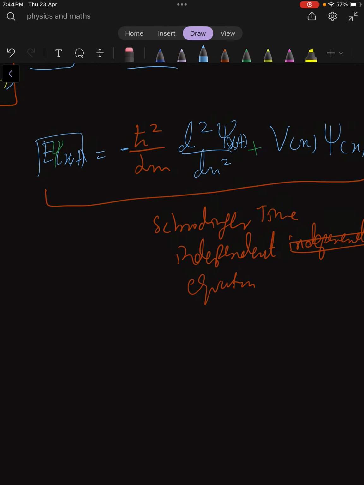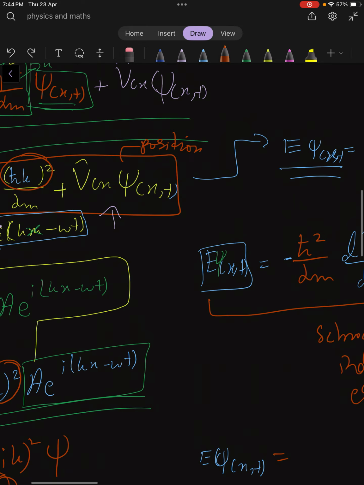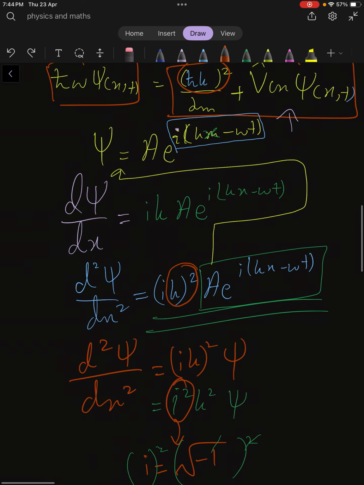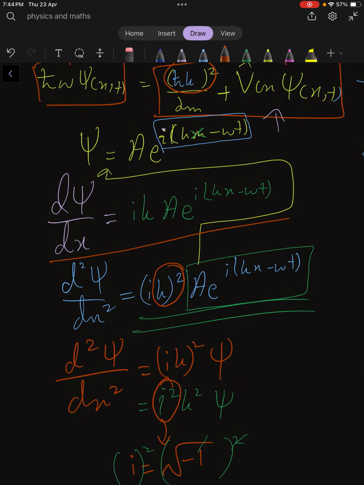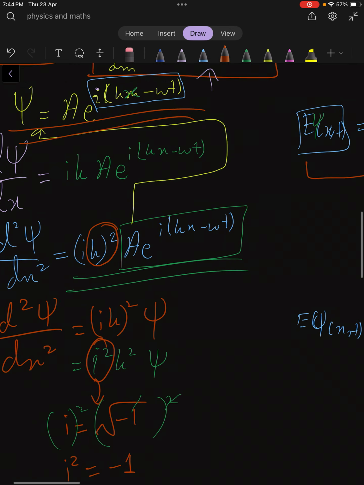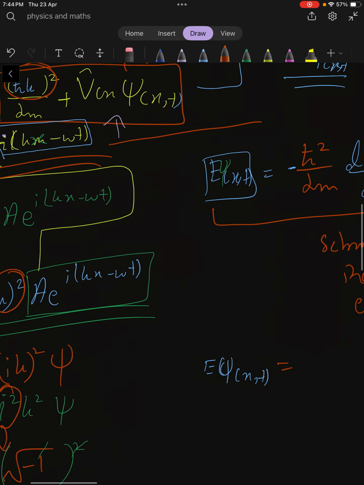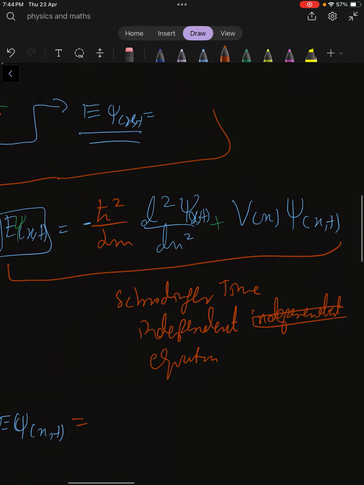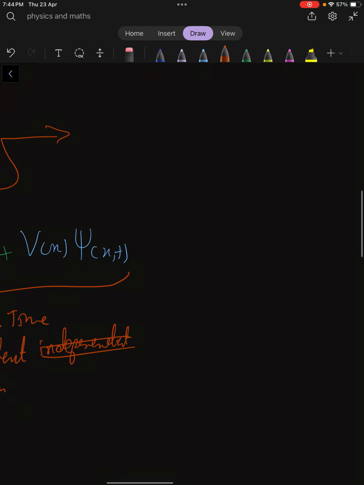Then we simply expand psi of x and t. Same thing over here with psi as what we wrote over here. We just differentiate this whole thing, but now with respect to time.